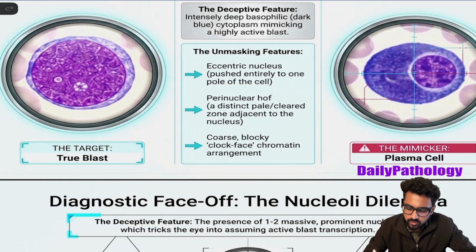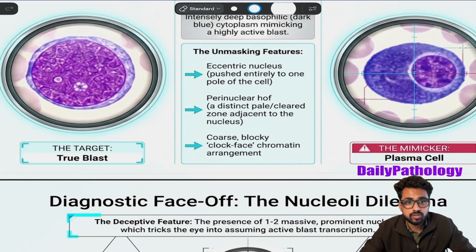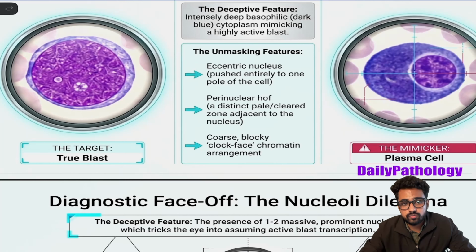The next is the perinuclear hof. Here you can see this ring of clearing around the nucleus, that is the perinuclear hof, which is present in the plasma cell. Then coarse, blocky, clock face chromatin arrangement. Here you can see the coarse clock face or cartwheel chromatin.